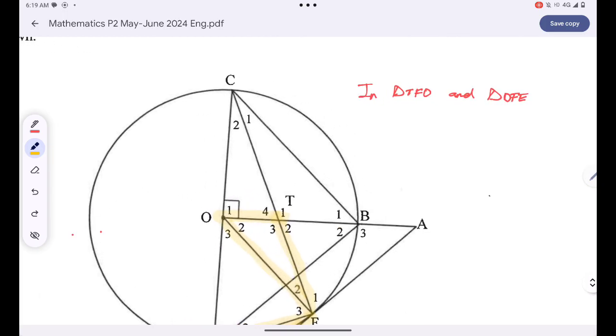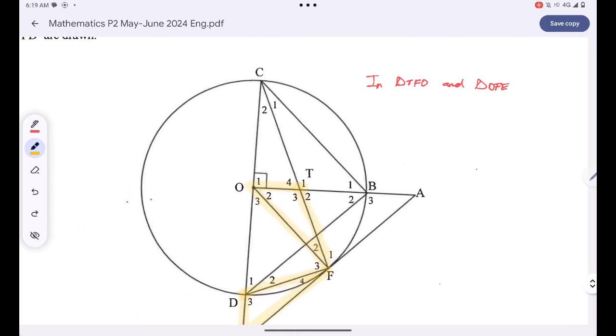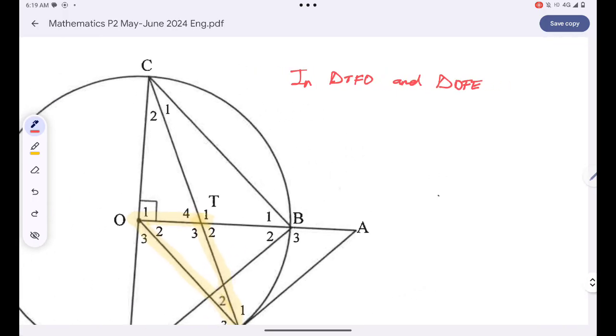Firstly, I know that angle D3 is equal to angle T3 because D3 is an exterior angle of a cyclic quad TODF. Are you together?